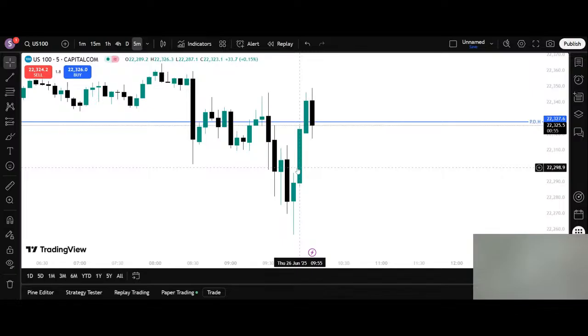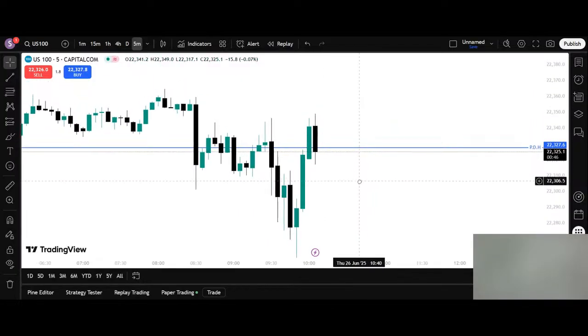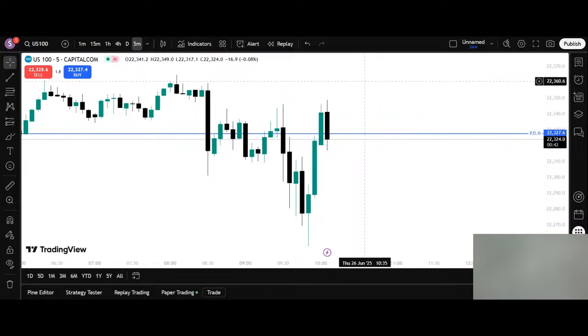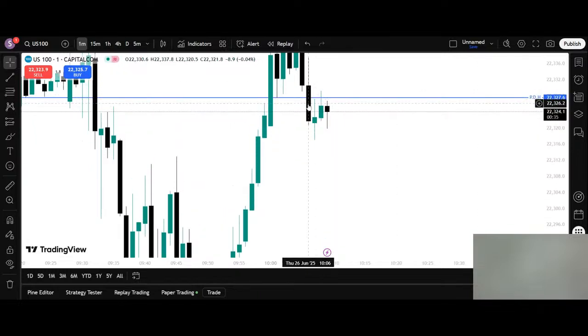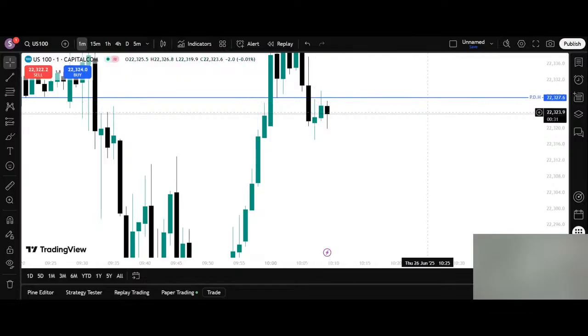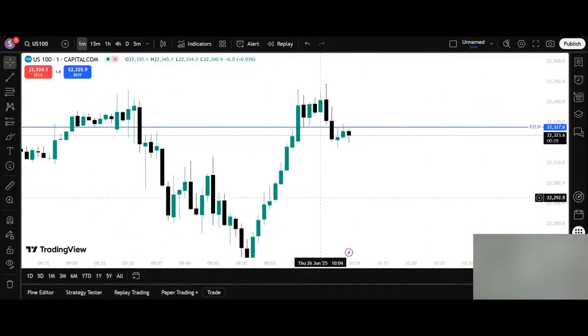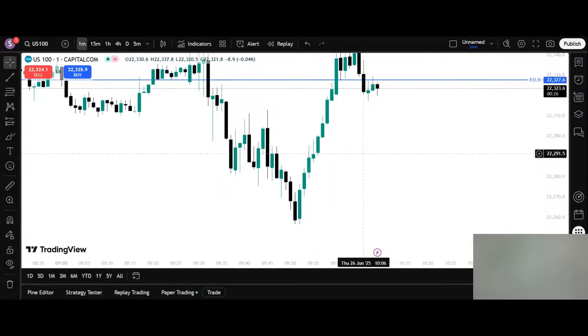Price taps into this bullish FVG right here. Price has also made a bearish FVG over here, but I don't think it's of much value.